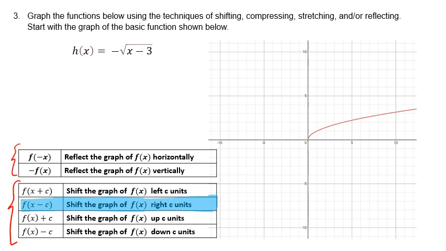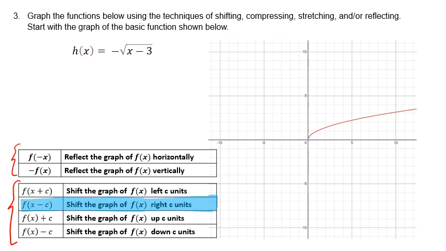So if we were to take this red graph over here and reflect it vertically, we would end up with that graph. That's a vertical reflection over the x-axis. If we were to reflect it horizontally, it would reflect left to right. It would go this way. All right, so that's how we're using reflections here.